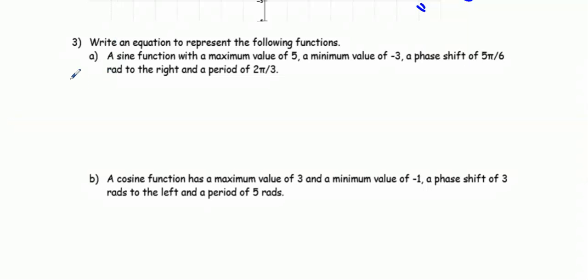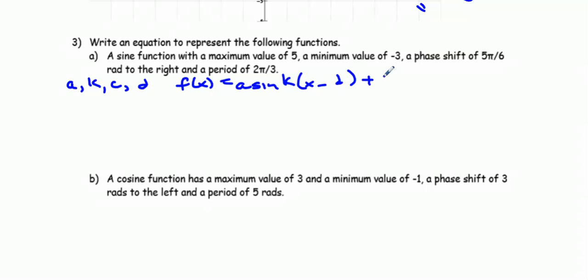So if we're coming up with the equation, we really want the parameters a, k, c, and d, because our basic equation is going to be something like f of x equals a, in this case it's sine, k times x minus d, plus c. So we're going to put everything in there once we figure it out.